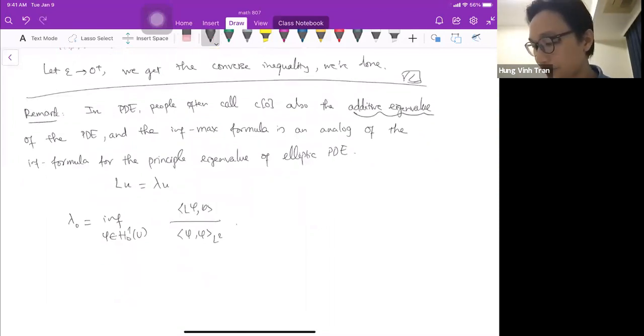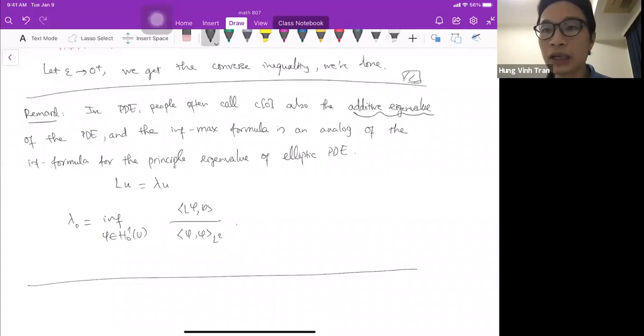And later on, if I have time, I'm going to give you one example of how we go from additive eigenvalues of this kind of problem to the principal eigenvalue of the Laplace operator, but that's for later.